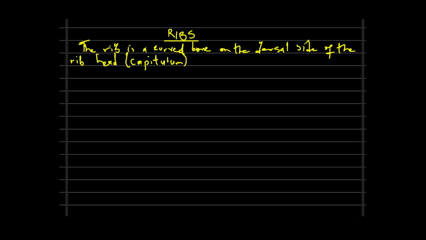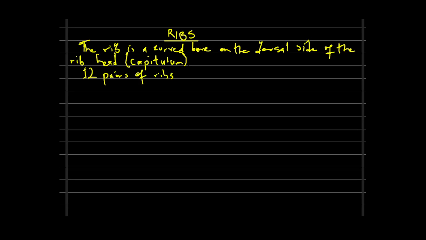In man, we have a total of 12 ribs as seen in the thoracic region. The thoracic region has 12 pairs of ribs.